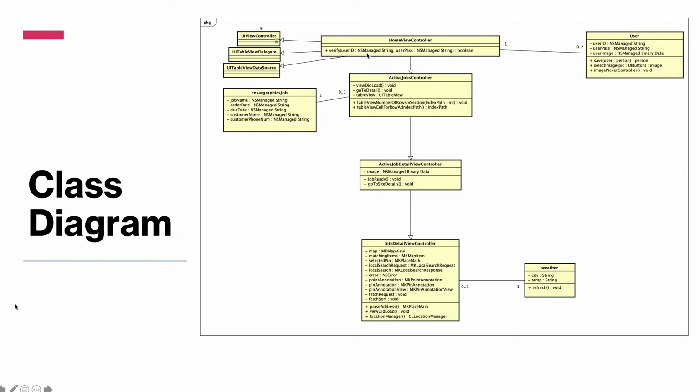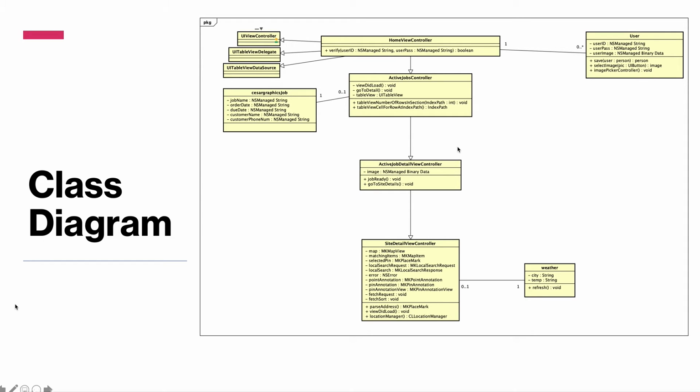And so the home view controller is going to consist of a verify function, which will take a user ID and a user password, and depending on whether this information matches up or not, they'll be able to log into the app. Now also depending on the information, they might have different capabilities.